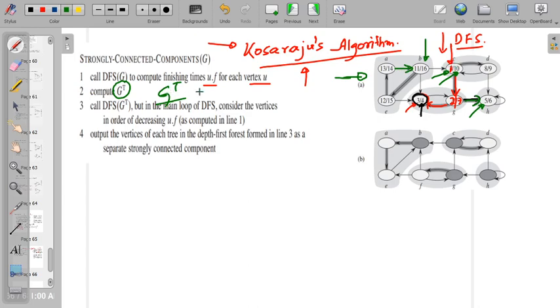In the G transpose, the path is reversed. This will be done for every such pair. Here it was in this direction, but here it is in this direction. So this is our G transpose, and this is our graph G.